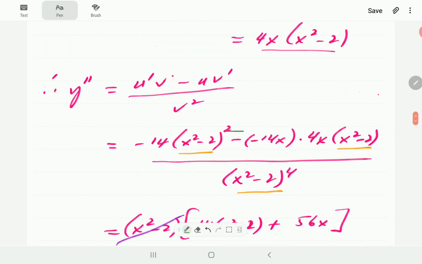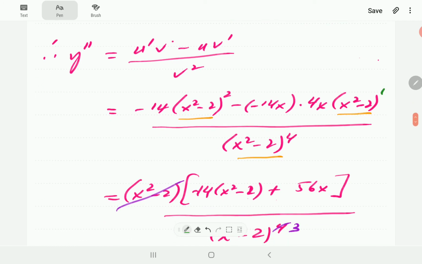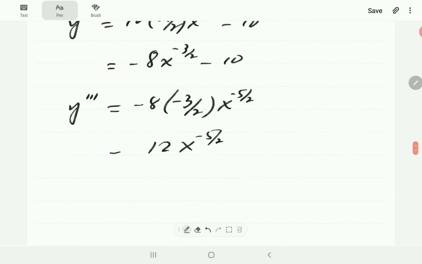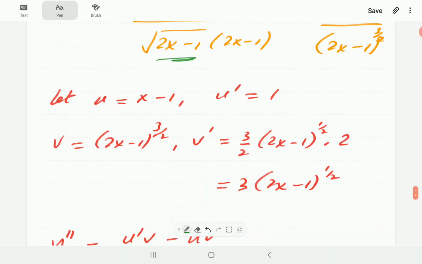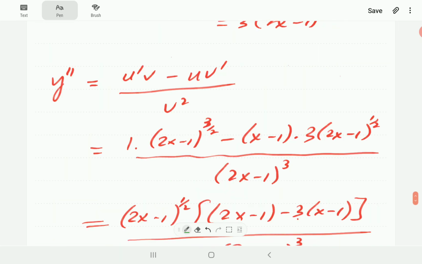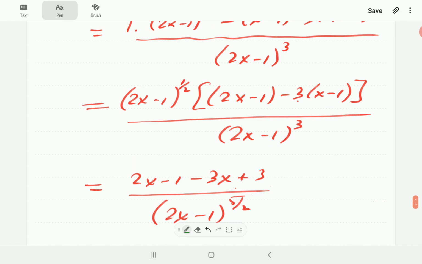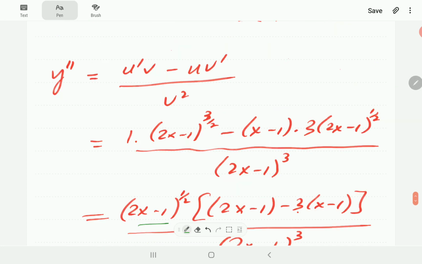So here we had power 2 and power 1, so we factored out the x squared minus 2 to the power 1. So this time the smaller power is power 1 half. So we factorize that, and then the remaining function is going to look like that inside the square brackets.